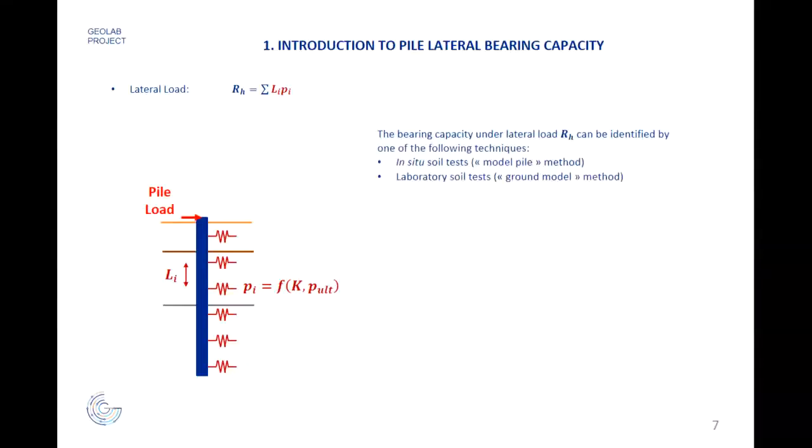Okay, so we can use different methods to identify the lateral load, based on in situ soil tests or laboratory soil tests. The classical methodology for flexible or long piles is to simulate the soil reaction at different levels by springs, or non-linear springs, or a set of springs that react.